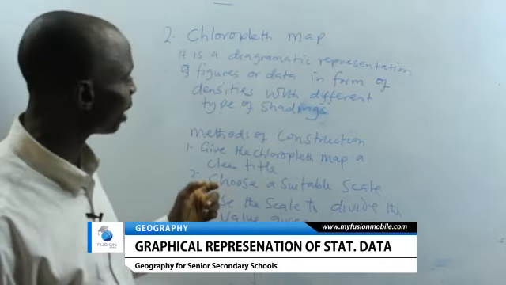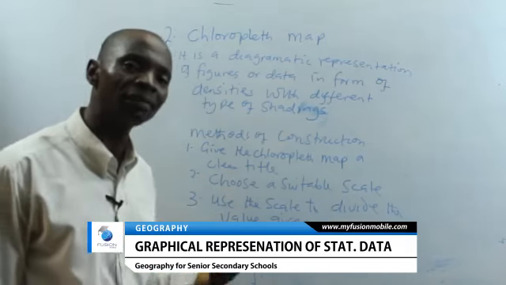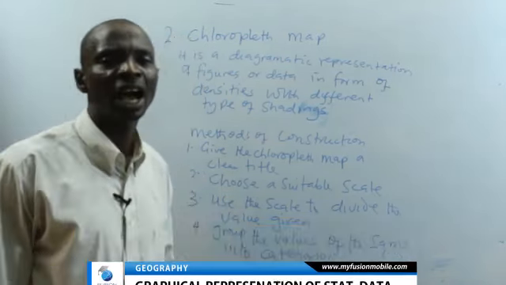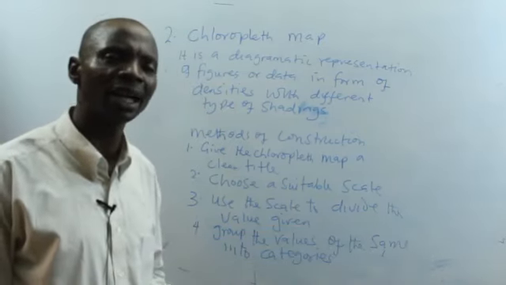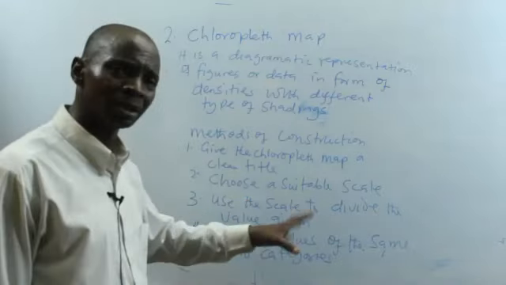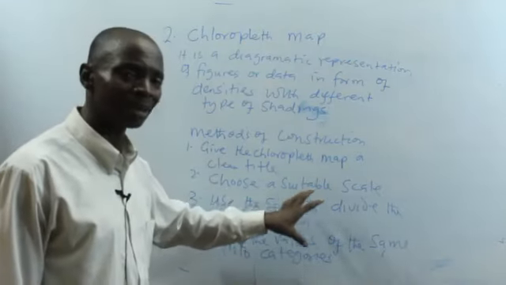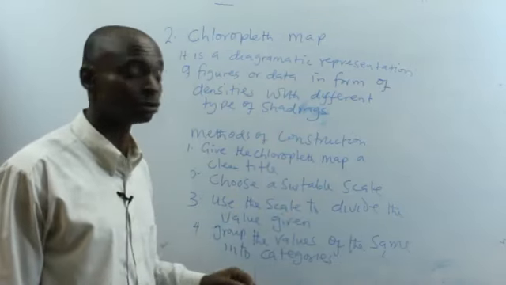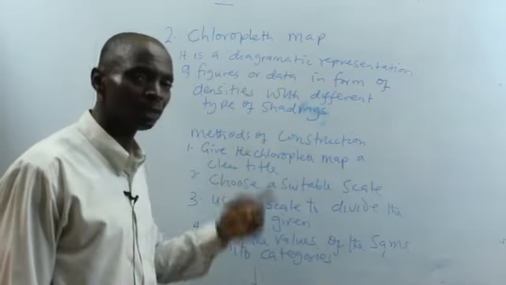Are you drawing the map of Africa showing the relief? Are you drawing the map of Nigeria showing the drainage? Are you drawing the map of West Africa showing the climate? Or whatsoever that involves a diagram, please give it a title, not only in the statistical method.